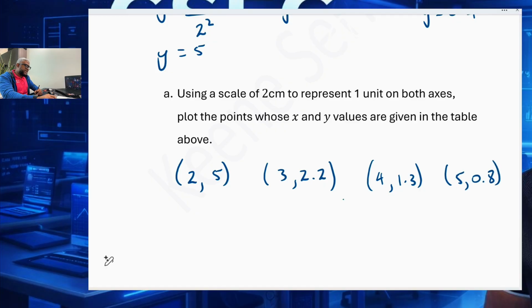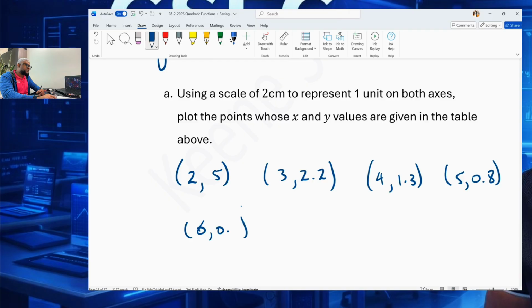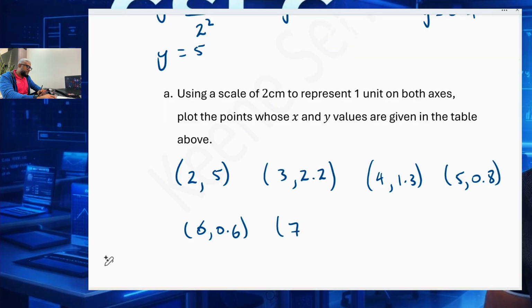And the last ones: 6, 0.6, and then 7, comma 0.4.